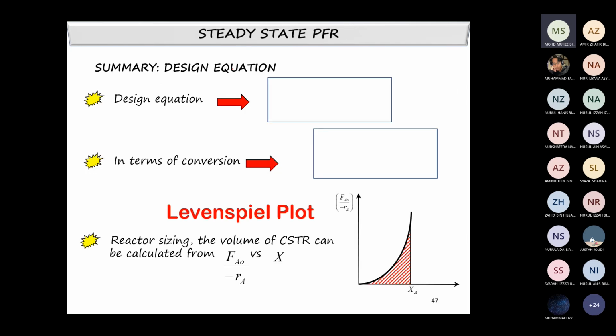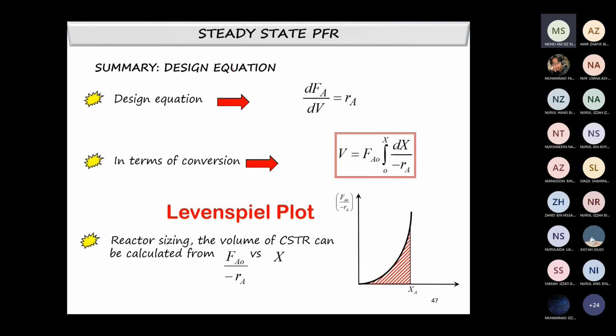Equation. Okay, so for the design equation, remember dFA over dV is equal to rA. Okay, this is the design equation. If in terms of conversion, we have this one. Remember I said we have dFA over dV.